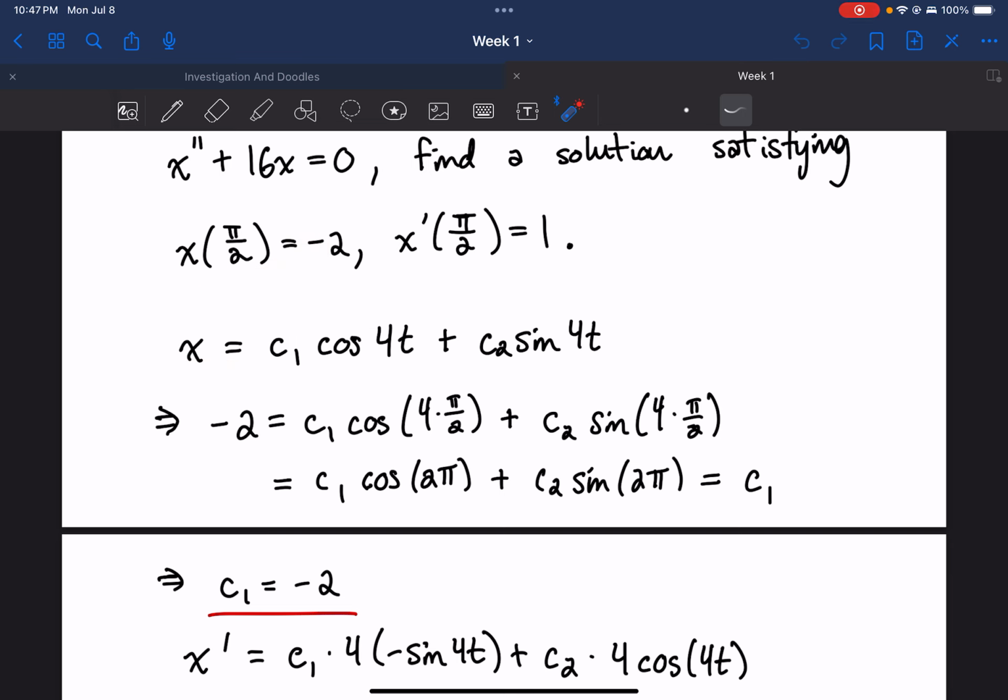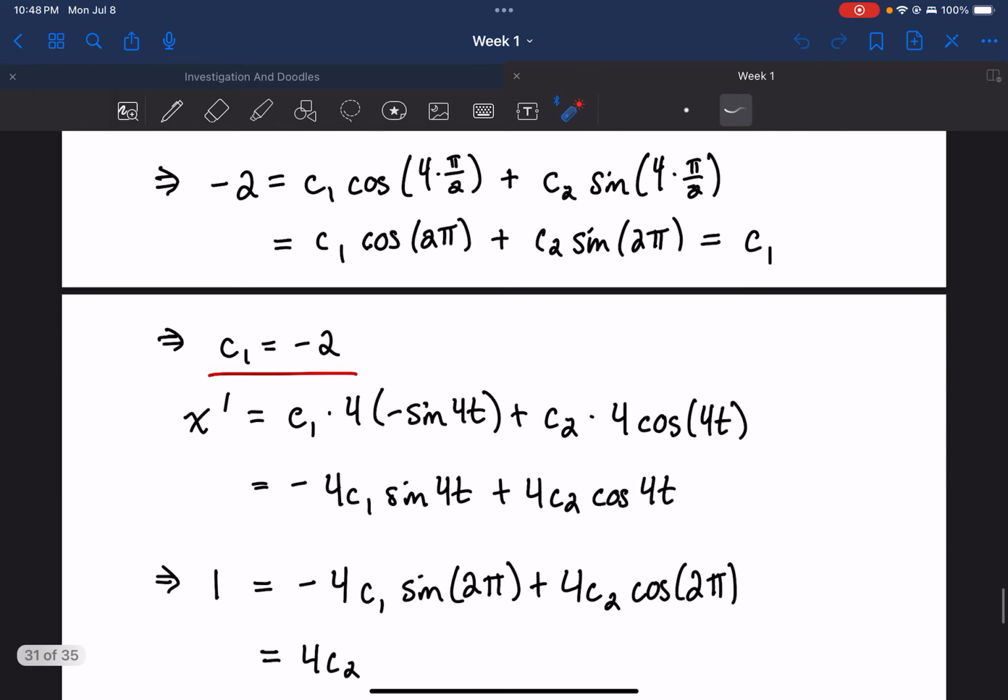Evaluating that, x equals -2, C1 cosine of 4t, where t becomes pi on 2, plus C2 sine 4t, where t becomes pi on 2. So we've got -2 equals C1 cosine of 2 pi plus C2 sine of 2 pi. And we know that the sine of 2 pi is 0, and the cosine of 2 pi is 1. So we get -2 equals C1. C1 equals -2.